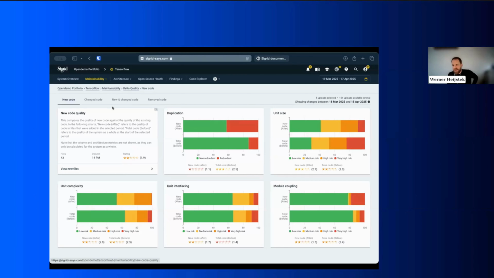Let's take the maintainability angle, there are many angles to talk about here. I'm still in TensorFlow, and what I did is I went to what we call delta quality. Legacy systems tend to be large and big, and they usually only grow. There's not much deletion taking place.